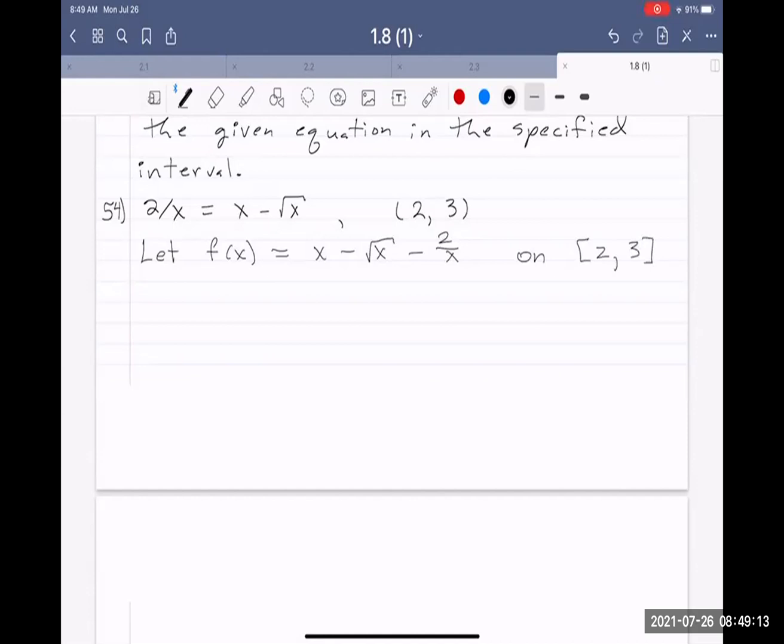So first off, we note that f is continuous on the closed interval from 2 to 3.